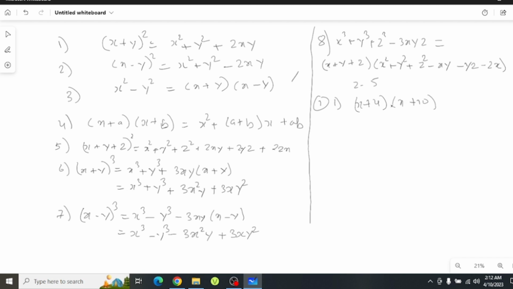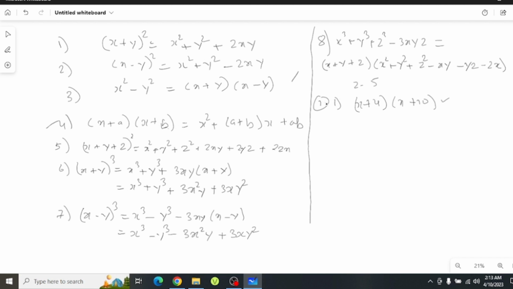But now we will use the identities to solve these kinds of questions. If you see the question, you can find this identity similar to the question. In the question we have x + 4 and x + 10, and in identity 4 we have x + a and x + b.